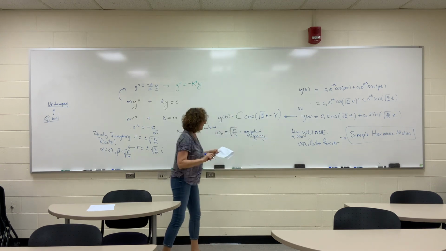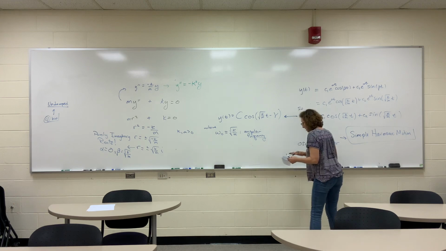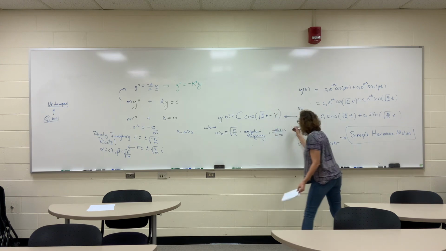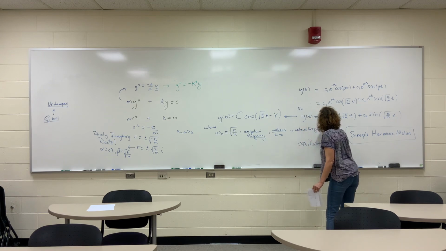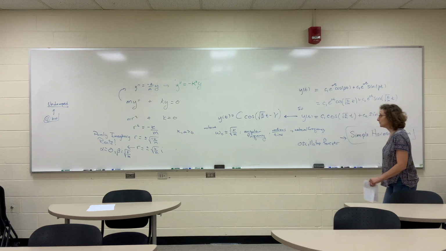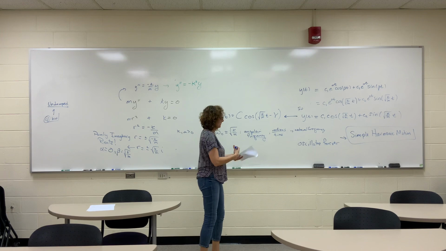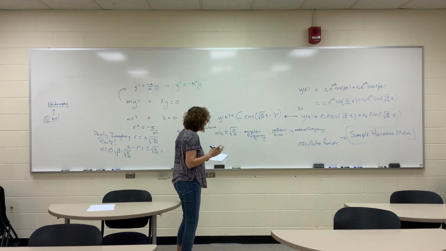It's measured in radians per time. So it's more of a natural frequency for a problem like this, as opposed to regular frequency, which is just measured in cycles per time, okay? This guy is radians per time.